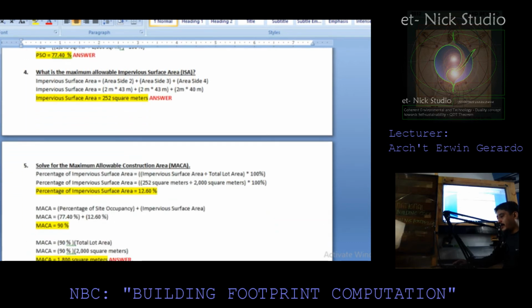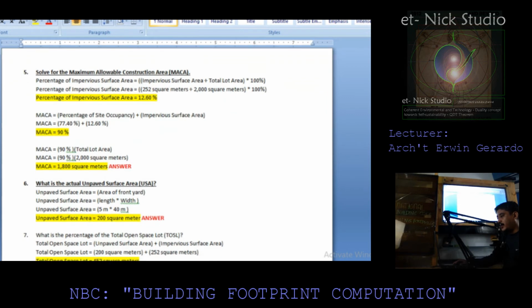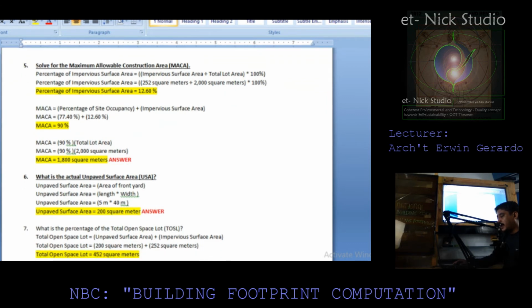While for problem number 5, solve for the maximum allowable construction area, or abbreviated as MACA. So the percentage of impervious surface area is equivalent to impervious surface area divided by the total lot area times 100%.